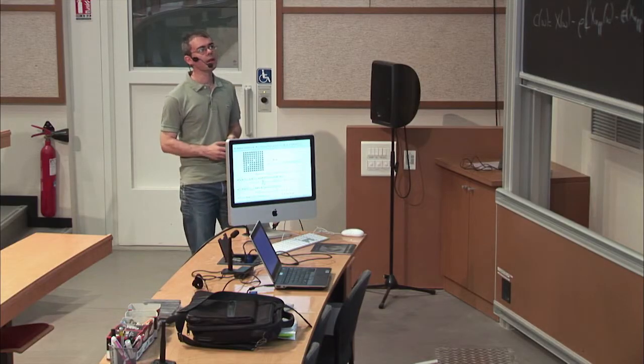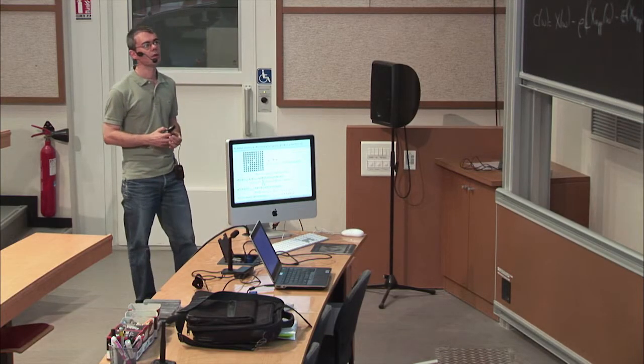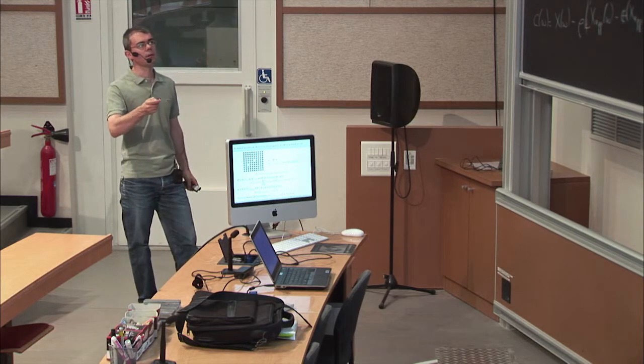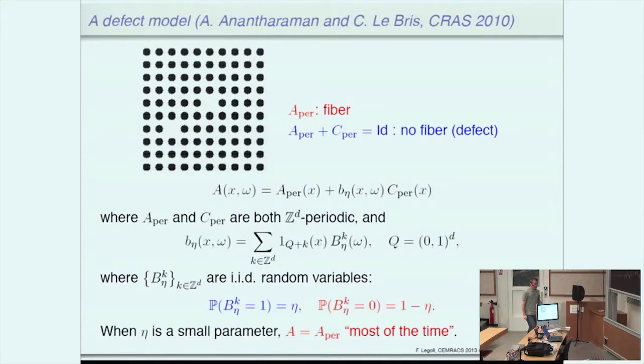The idea is very well explained by this kind of picture. I have a periodic model here, a material with fibers, and it is random. All the properties are deterministic, and the randomness comes from the fact that you may decide to delete fibers.